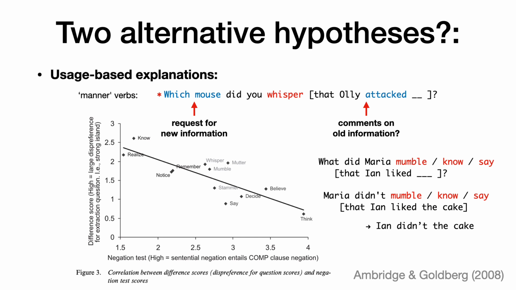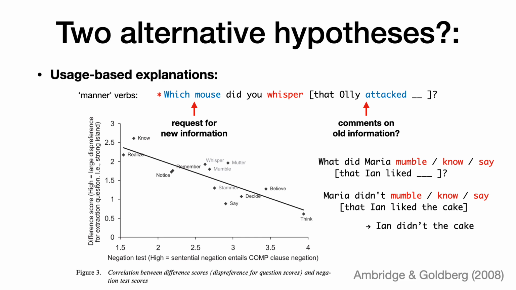And then they also asked people to judge whether they think that the sentence Maria didn't mumble that Ian liked the cake, or Maria didn't know that Ian liked the cake, or Maria didn't say that Ian liked the cake, implied that Ian didn't like the cake. And the finding is that these things are correlated.